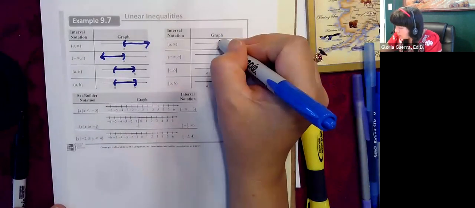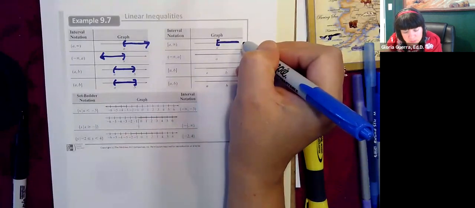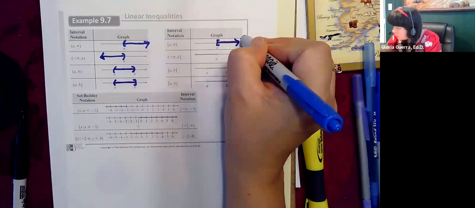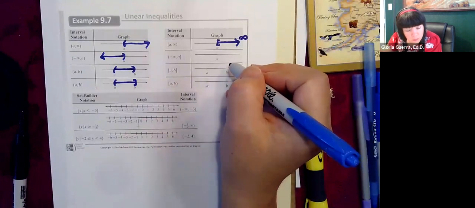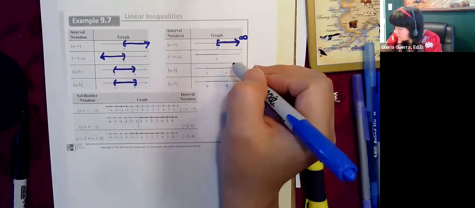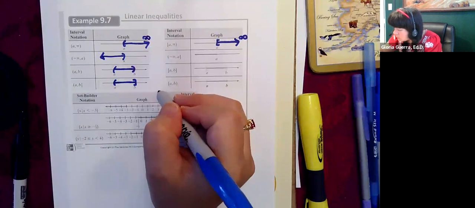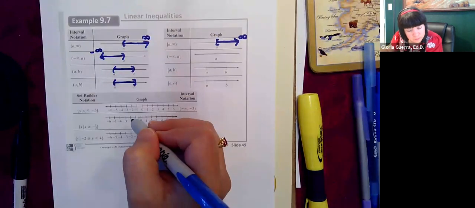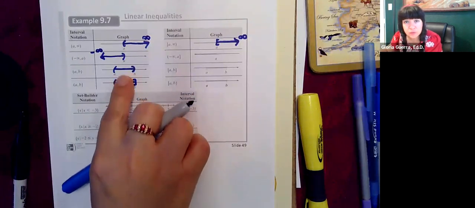Over here you have a bracket, parentheses. This is infinity, so this is shaded forever in this direction, infinity. And this one also had infinity. This one had negative infinity in here. These are trapped in between. These are compound in between.